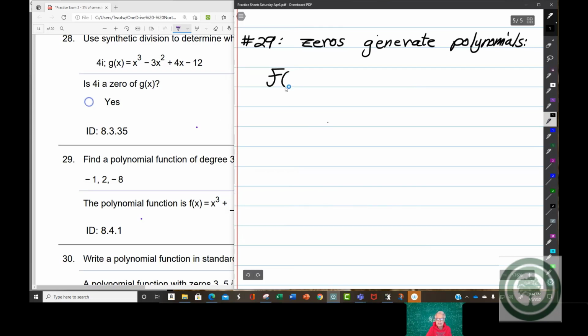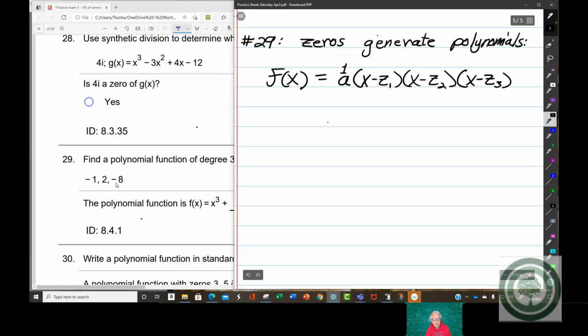F of x, or whatever you want to call your polynomial, sometimes it's called P of x, equals A, the leading coefficient, which we're going to assume right now is 1, times x minus your first zero, times x minus your second zero, times x minus your third zero.